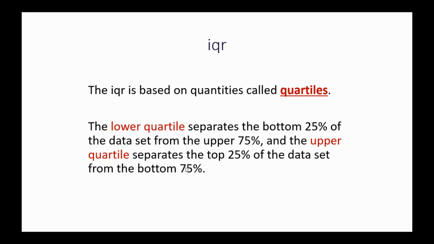The IQR is based on quantities that we call quartiles because we're dividing the data into quarters. So the lower quartile separates the bottom 25% of the data from the upper 75%. The upper quartile separates the top 25% from the bottom 75%.